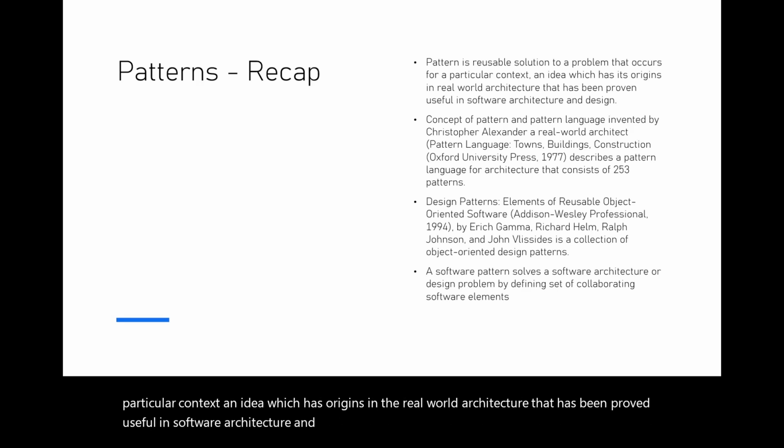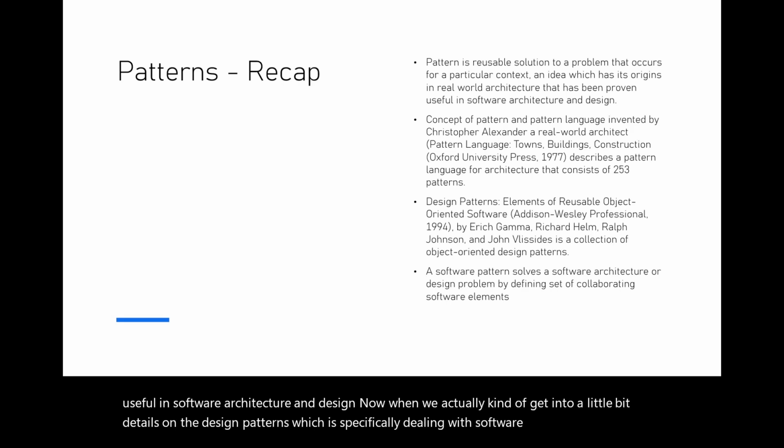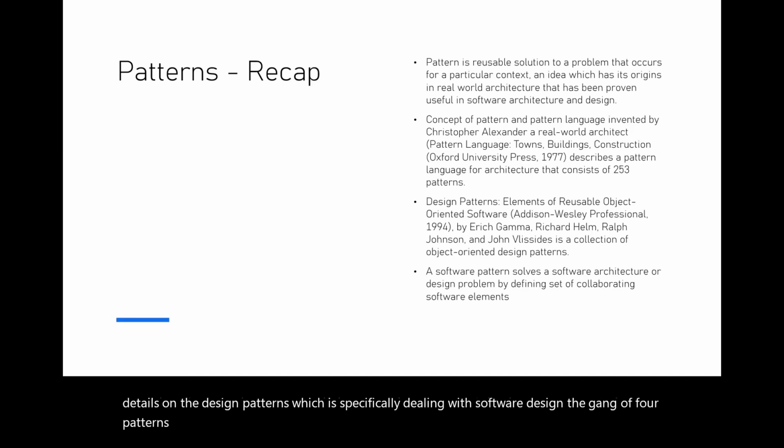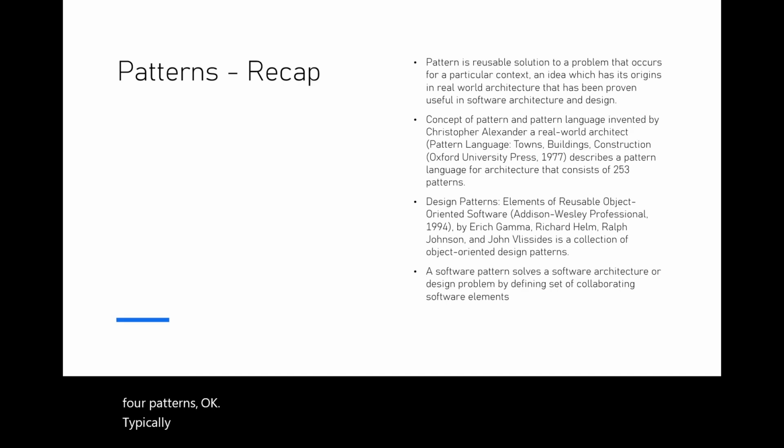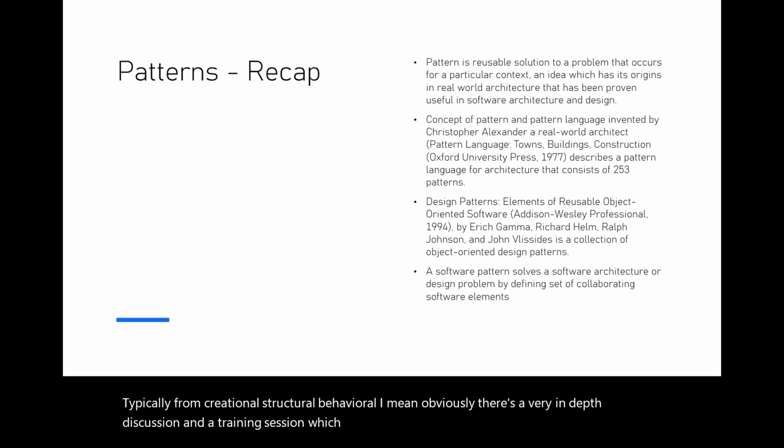Now, when we get into a little more detail on design patterns, which specifically deal with software design, there are the Gang of Four patterns, typically categorized as creational, structural, and behavioral. Obviously, a very in-depth discussion and training session is required to understand the Gang of Four patterns.